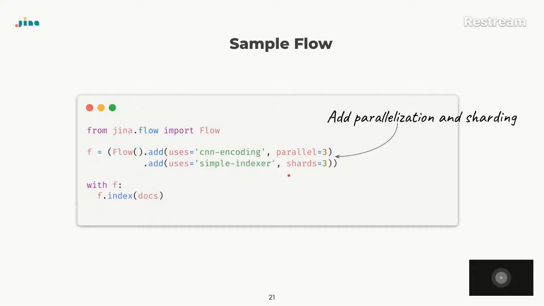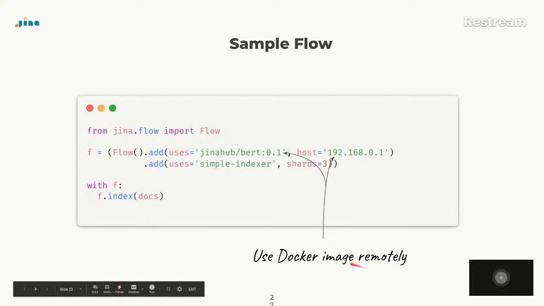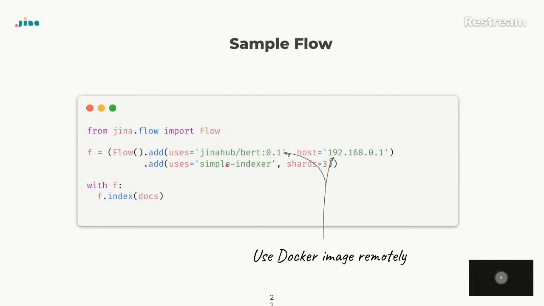You can also be much more complicated if you want. You can also add parallelization and sharding. As you can see, it's also quite easy. You just need to add the specification here, or you can even add your Docker image if you have it somewhere else already. So let's say that you have one Docker image like we have in one of the examples that you can check if you want, and that is already running.